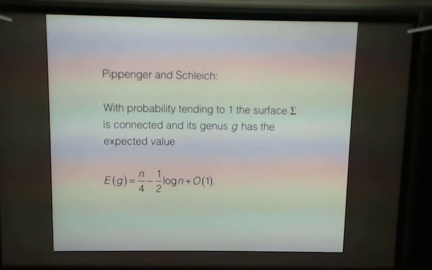There are many choices of which side edges we pair to each other, and the result is kind of predictable. Of course, there is this expectation of the genus, but there are also variances of this genus. So there are many precise results about these random surfaces, and it's quite an interesting and still developing subject.